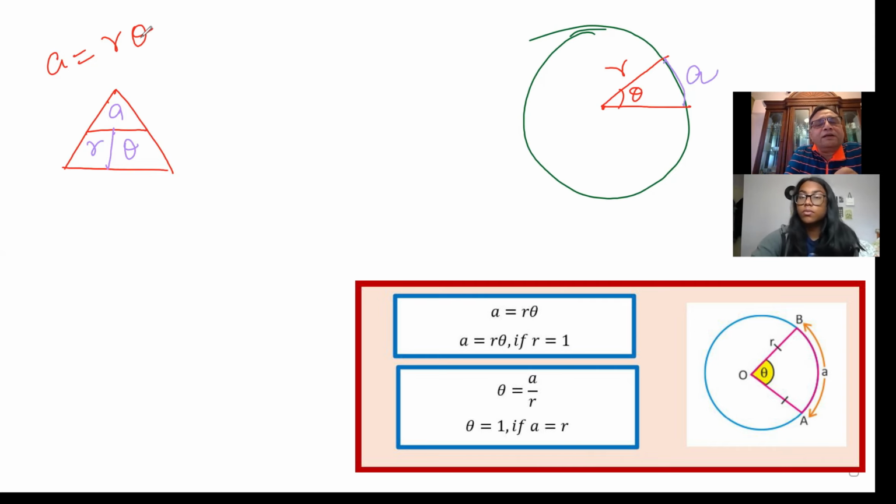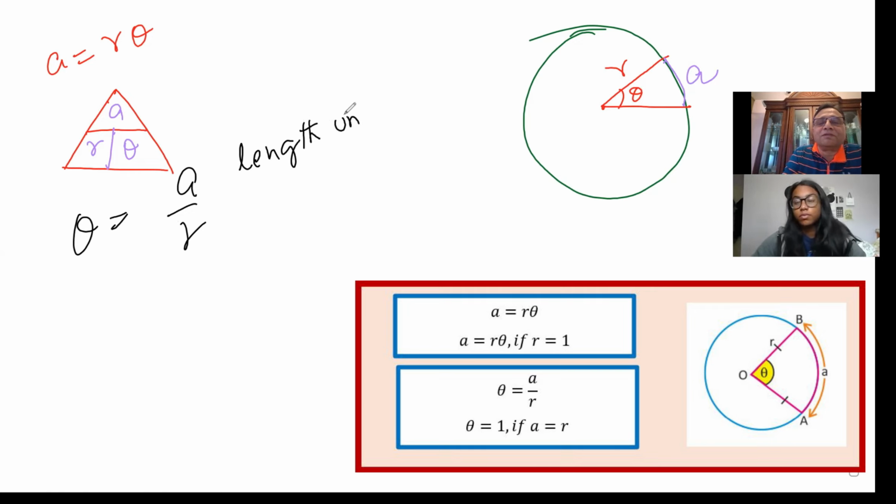Now, if I have to find theta, the radian value, then theta will be a ratio of A over r, correct? Arc is a length and radius is also a length, same units, right? So length units. For example, both you can measure in centimeters.